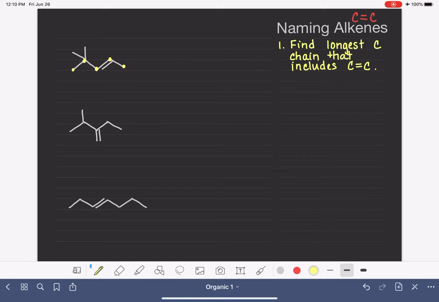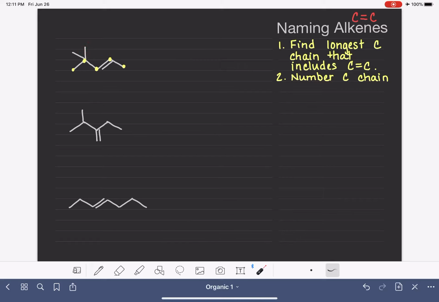Once we have found the longest carbon chain, just like with alkanes, our next step is going to be numbering the carbon chain. When we number our carbon chain with alkanes, our goal was to give the smallest possible set of numbers to any substituents or branches that were attached to the chain.